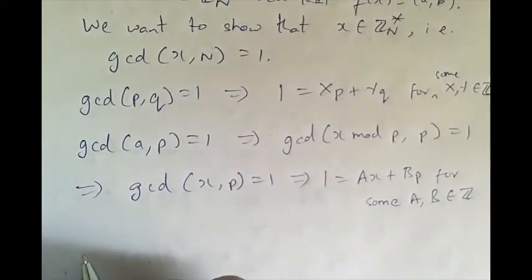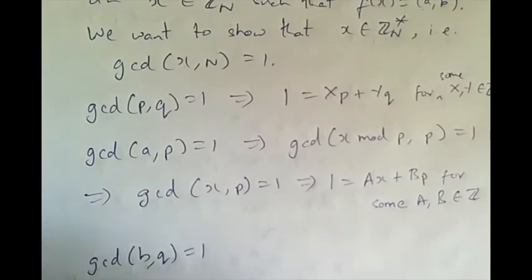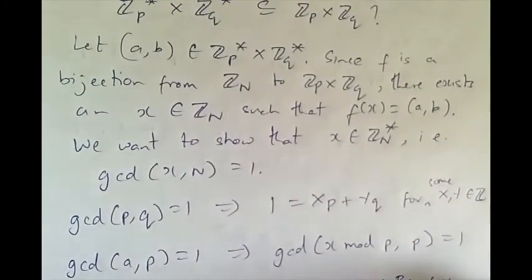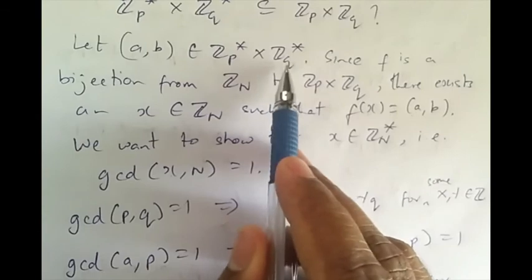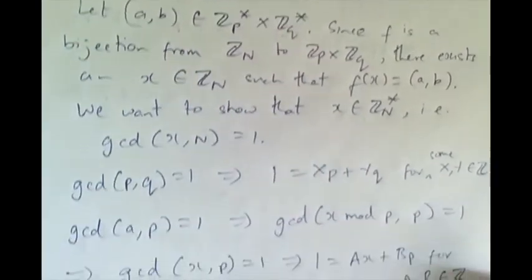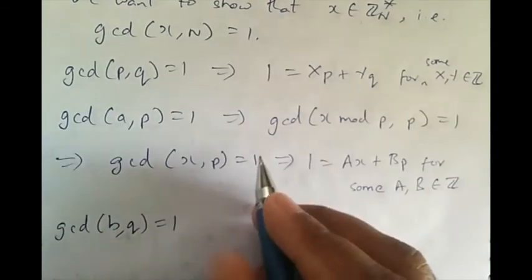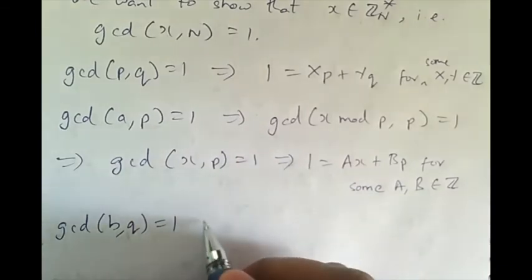Similarly, GCD of B and Q is 1, because we said that AB belongs to ZP star cross ZQ star. So ZQ star is precisely those integers B such that the GCD has to be 1 with Q. So again, by the same argument, the GCD of B mod Q and Q is 1.